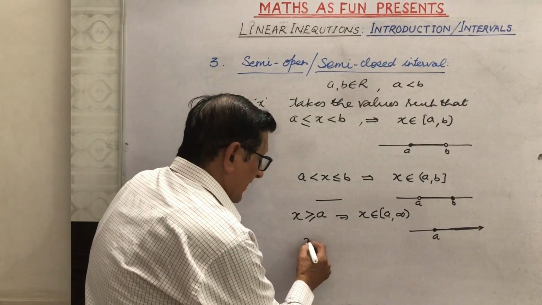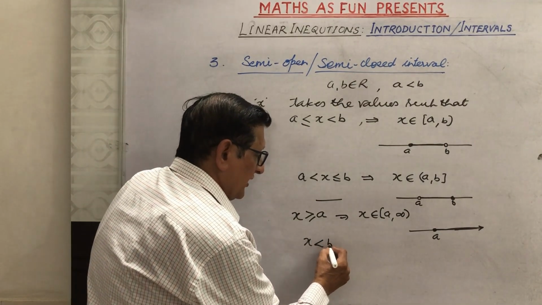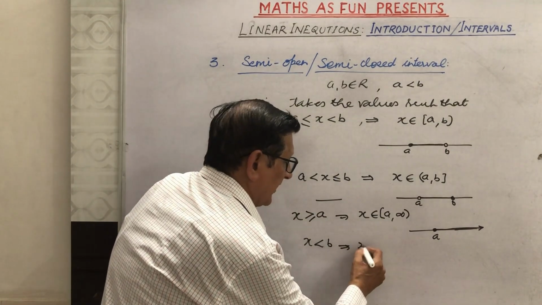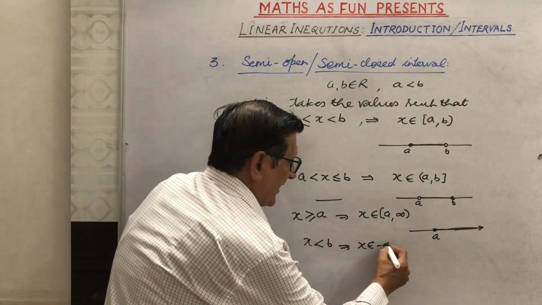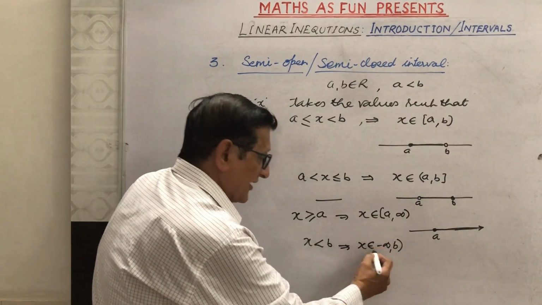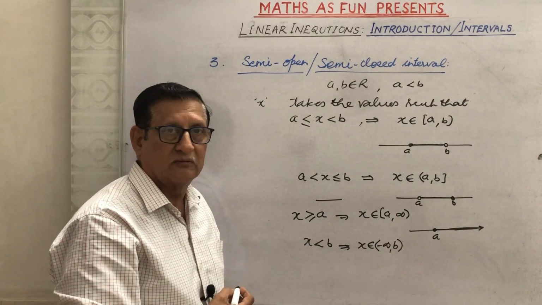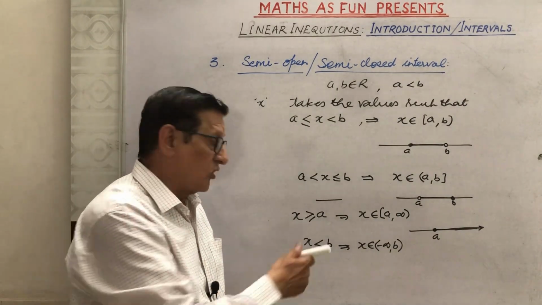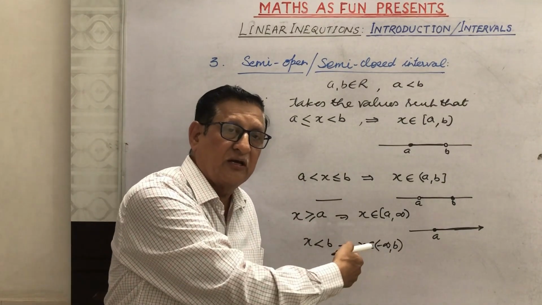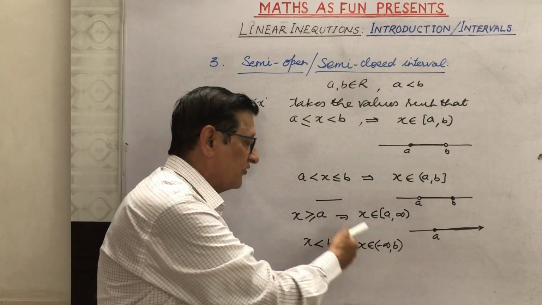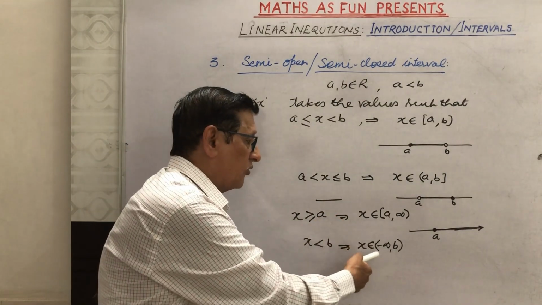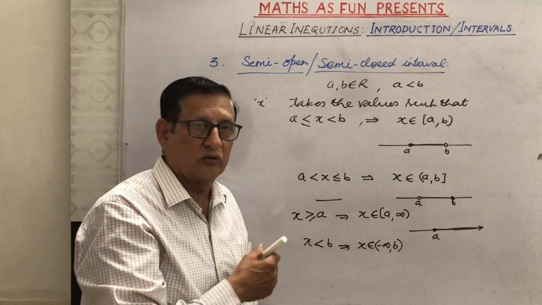Same way if it is x is less than b, we can write x is belonging to (minus infinity, b) and b is open, but minus infinity is also open. So this is open on both the sides. So please remember whether it is minus infinity or plus infinity, because there is no particular value of infinity, it is not defined, so we mark it with the open, that is circular bracket only.